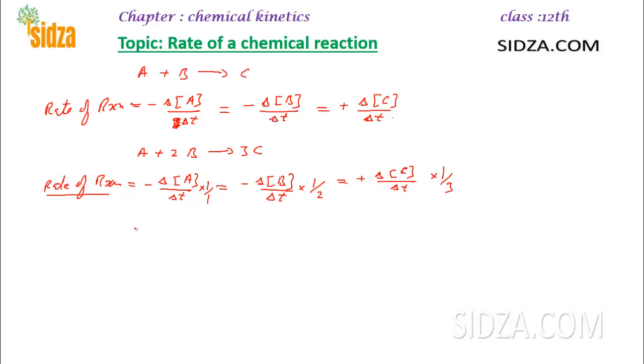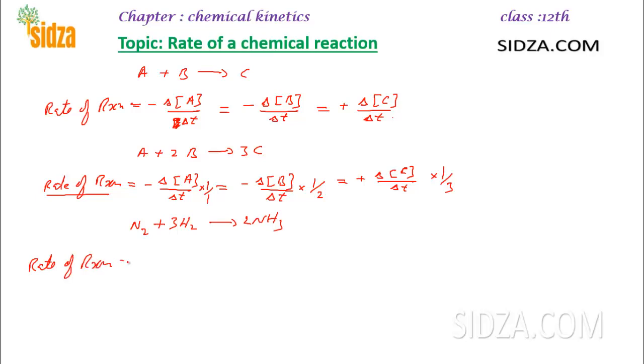Now let's take one more example here. Suppose we have nitrogen reacting with hydrogen gas and forming ammonia, NH3. So this is 2 times NH3, and this will be 3 times hydrogen. Now how can we express the rate of the reaction here?